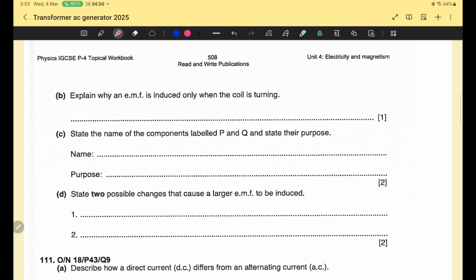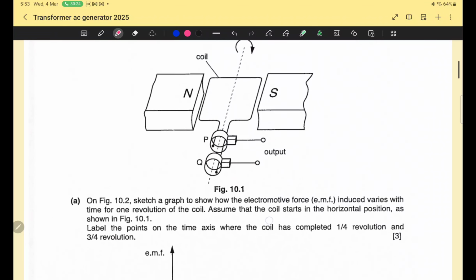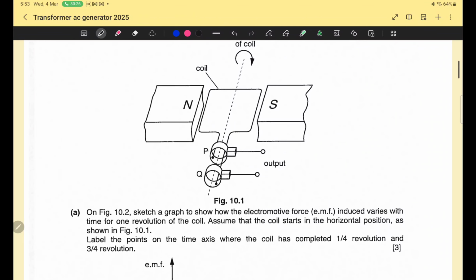Sir, what is P? What is Q? Let's check. This is P and this is Q. Sir, what is their name? Pavitra, can you tell me the name of P and Q?